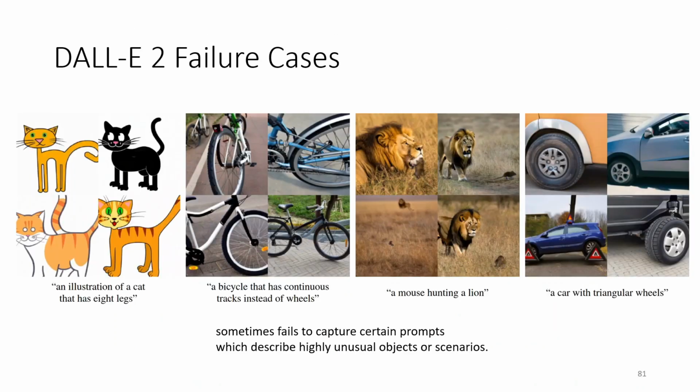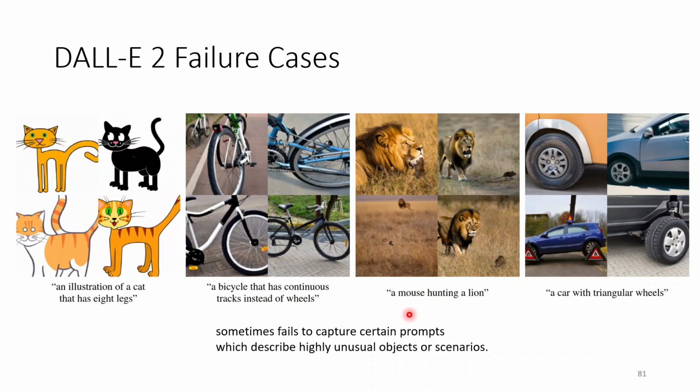Okay, and in their paper, they show something very interesting. These are the failure cases. If they give the sentence, a cat with 8 legs, they still generate cats with 4 legs.